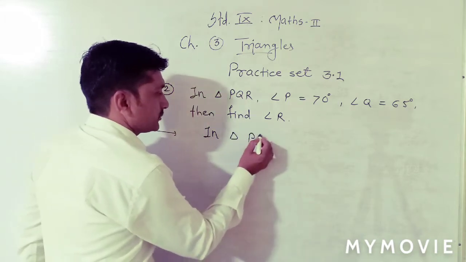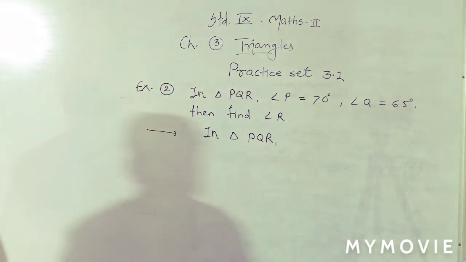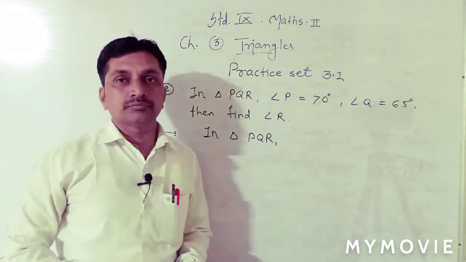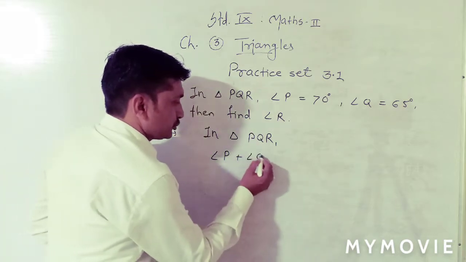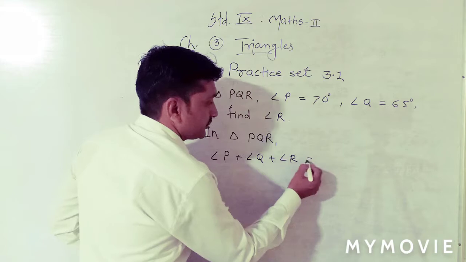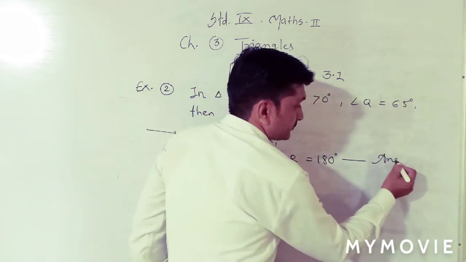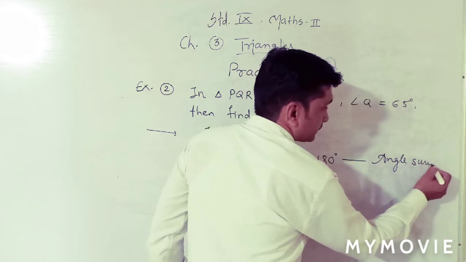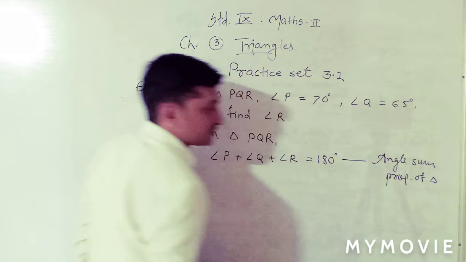In triangle PQR, angle P plus angle Q plus angle R is equal to 180 degrees. Support here: angle sum property of a triangle.